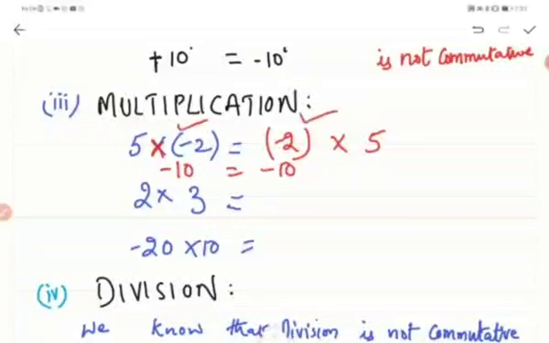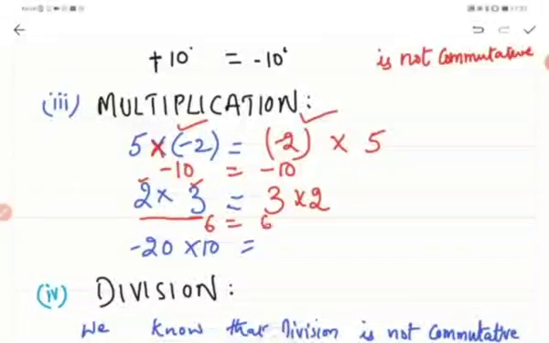Okay, let us take one more example here. It's 2 cross 3. If I interchange or swap 3 and 2, it will be 3 multiplied by 2, 6, and here also it is 6. If you take any number of examples, this is going to give you always the same answers on both the sides.